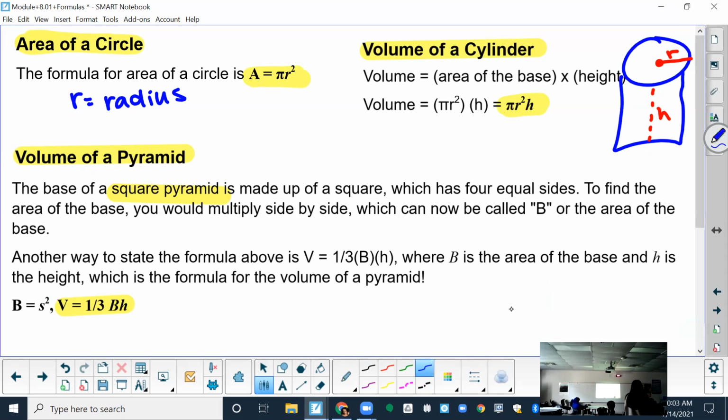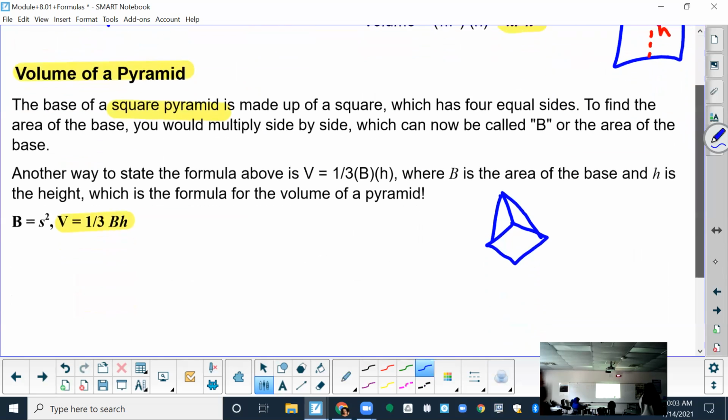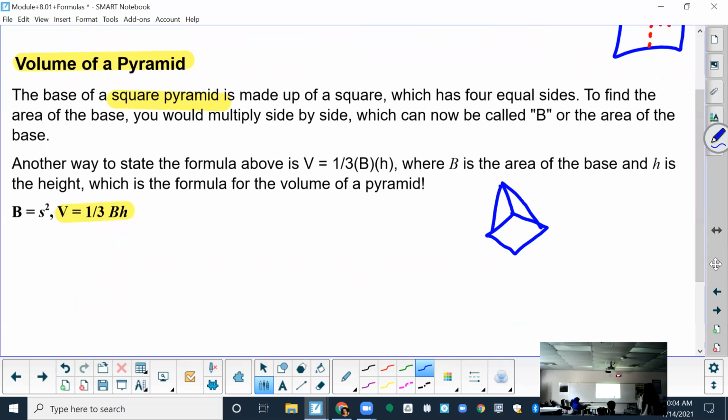so I'm going to kind of draw you a little pyramid. All right, since we're dealing with a square, squares have all the sides the same, right? And since the area of the square is base times height, and those sides happen to be the same, then B is going to be S squared.